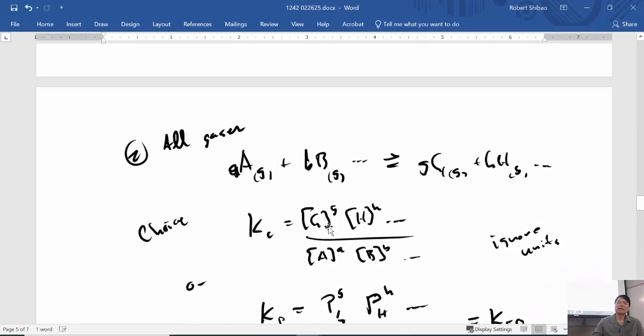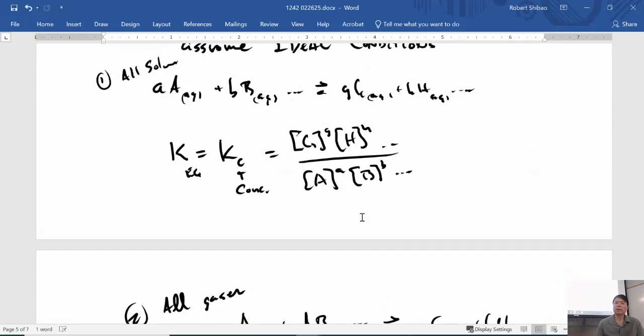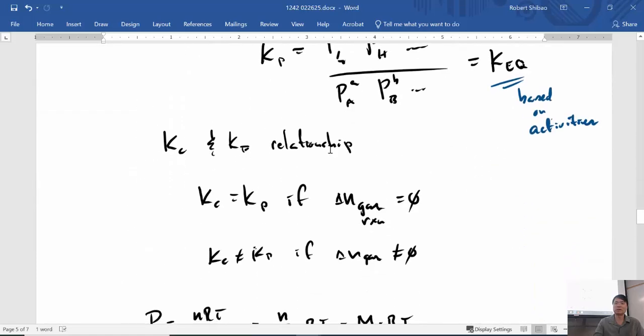We should be using activities. Actually, the units will drop out when we put in what they call the activity coefficient. But we're making our life easier by doing it like this, assuming ideal behavior and not having to use activity coefficients.